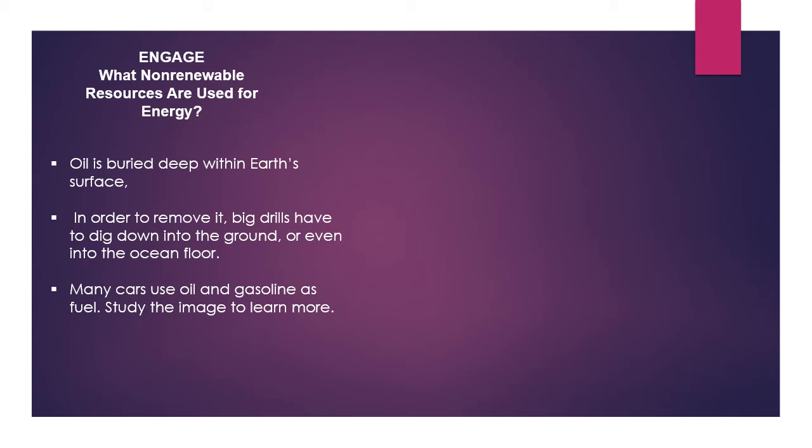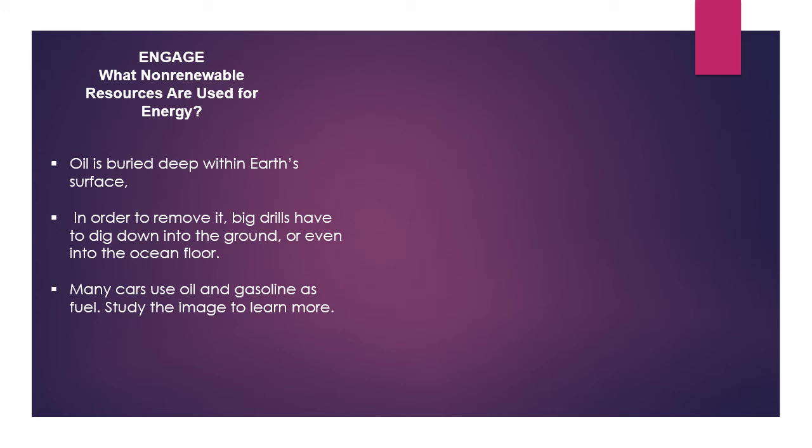Now, oil. Where do we get oil from? Within the Earth's surface. And to remove it from under the ground, we have to dig, or even go into the ocean floor. And this oil, many cars are using it as oil and gasoline. I want you to look at those images in the next slide to study more about how cars use oil and gasoline.